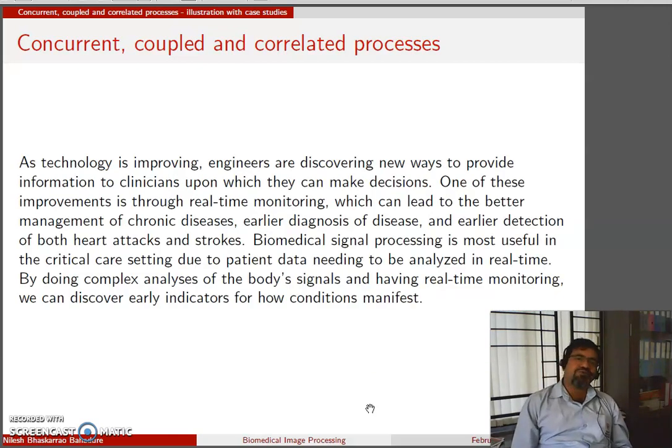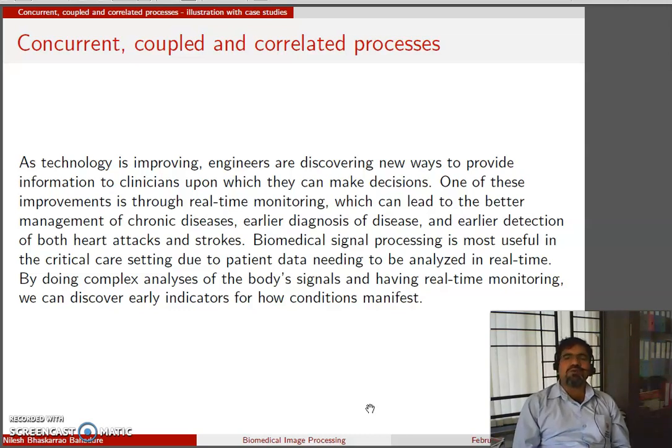As technology is improving, engineers are discovering new ways to provide information to clinicians upon which they can make decisions. One such improvement is real-time monitoring, which can lead to better management of chronic diseases, earlier diagnosis of diseases, and early detection of both heart attacks and strokes.